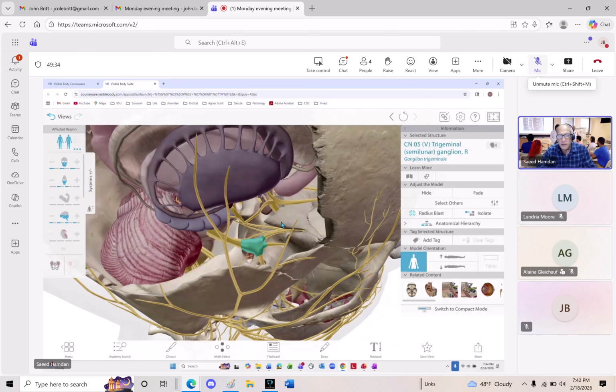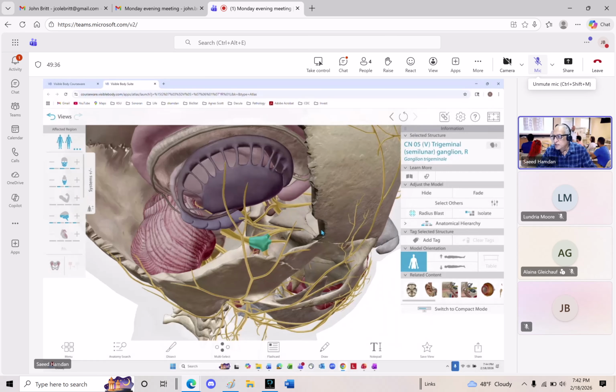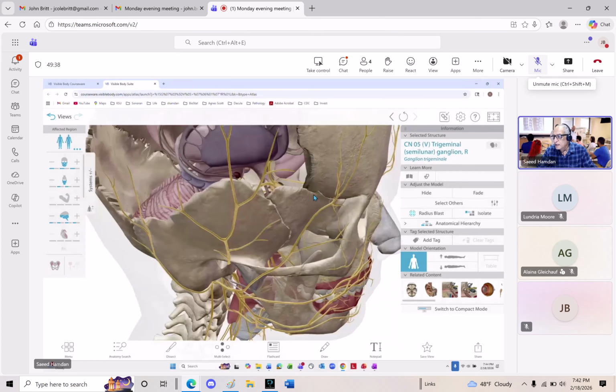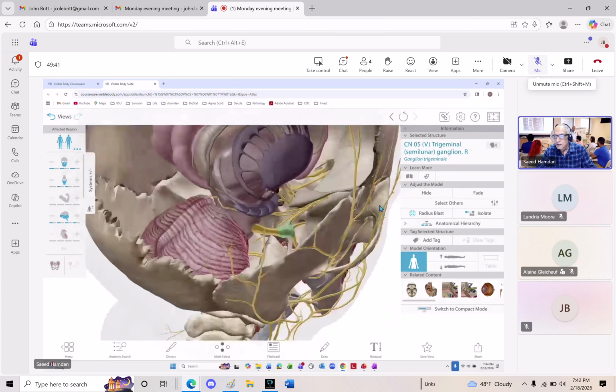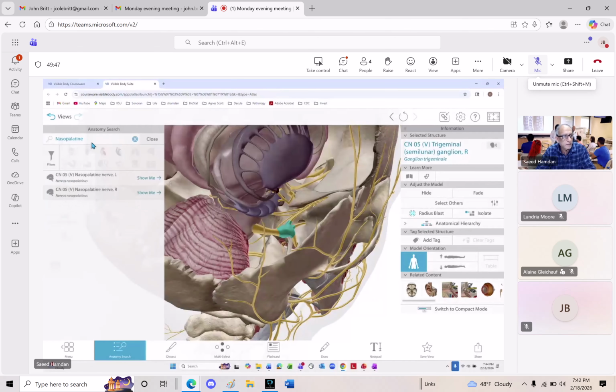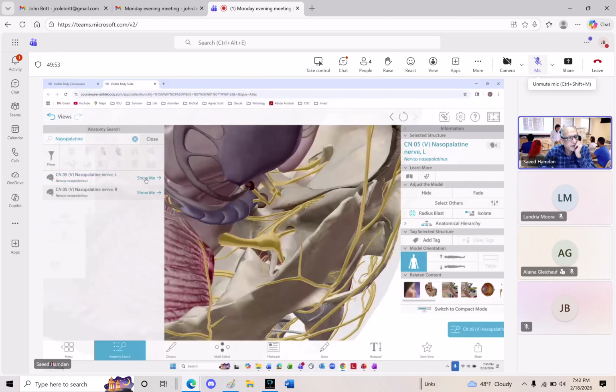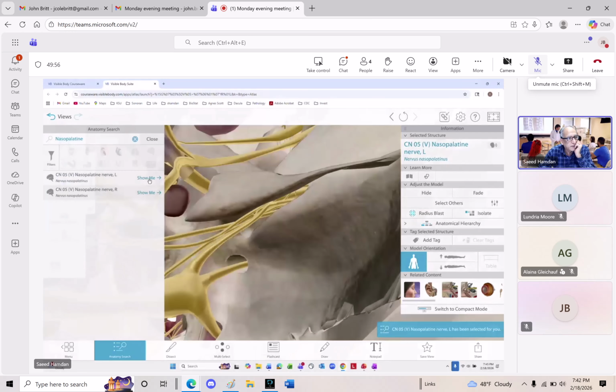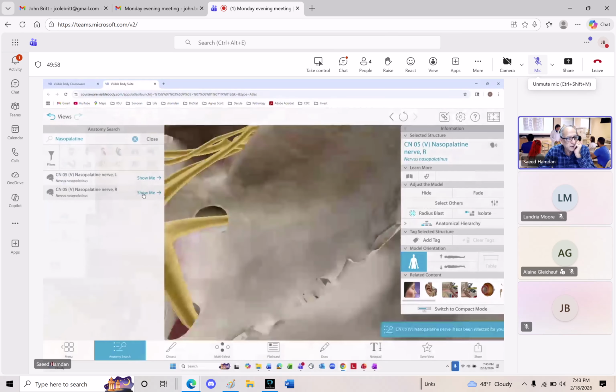Now, the tiny ones, the nasopalatine, I'm going to have to look for it because I don't see it. Nasopalatine is part of the fifth nerve as well, and it's so crazy.